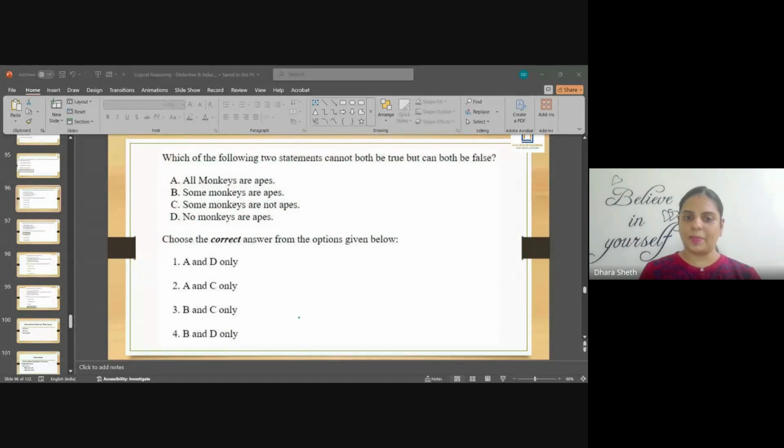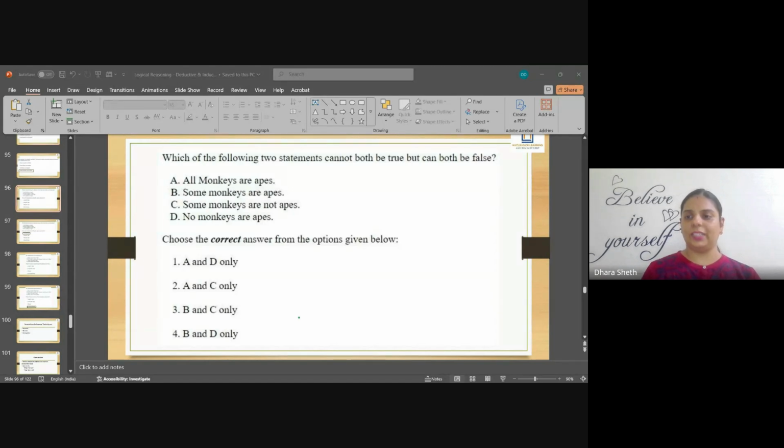All monkeys are apes, some monkeys are apes, some monkeys are not apes, no monkeys are apes. They both cannot be true together, but both can be false together. Which relationship is that? It's the relationship of contrary.